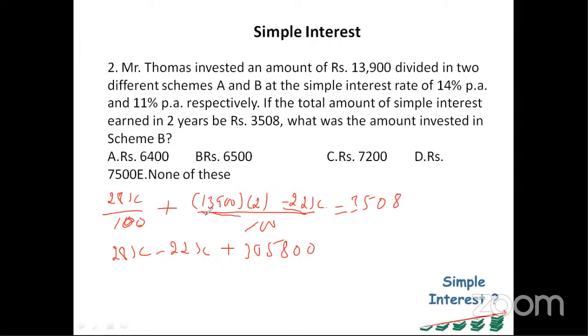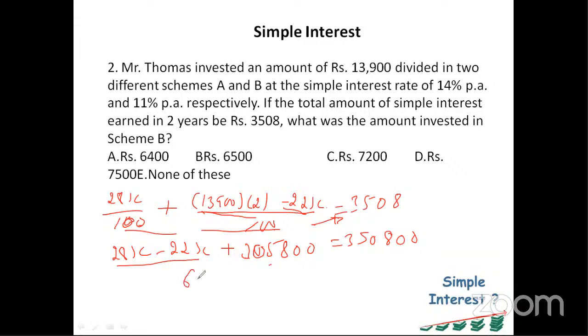This is equal to 3508; these two hundreds in the base get multiplied here, cross multiplication, so it becomes 3508 followed by 2 zeros, 350,800.